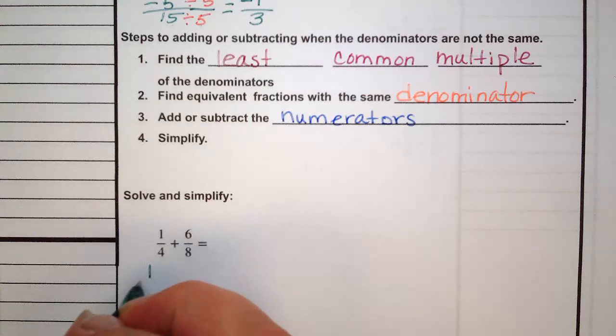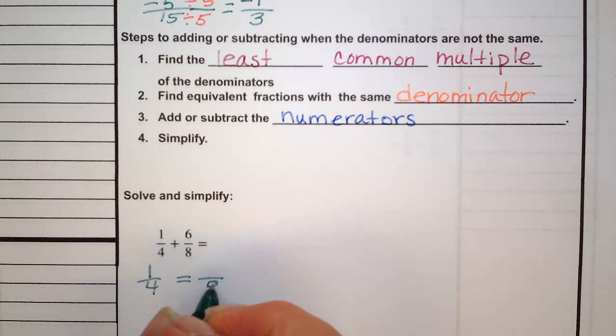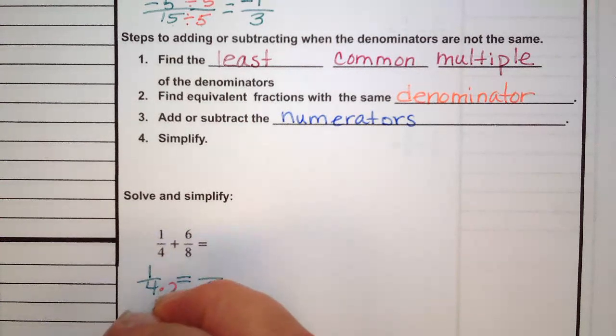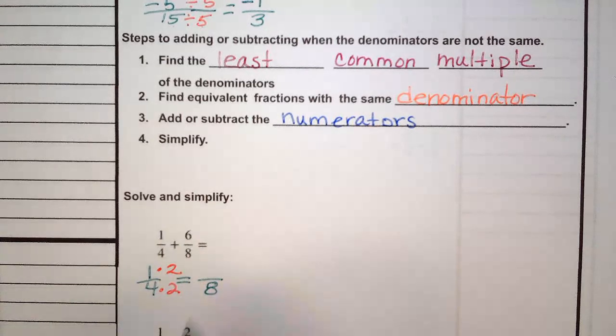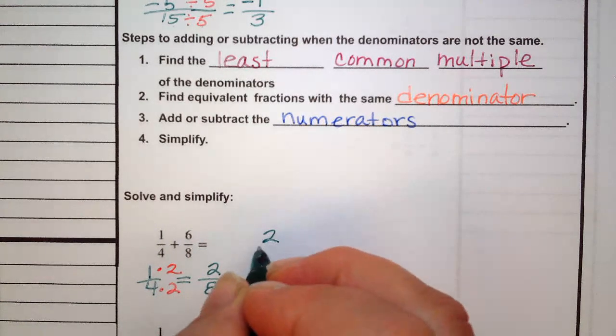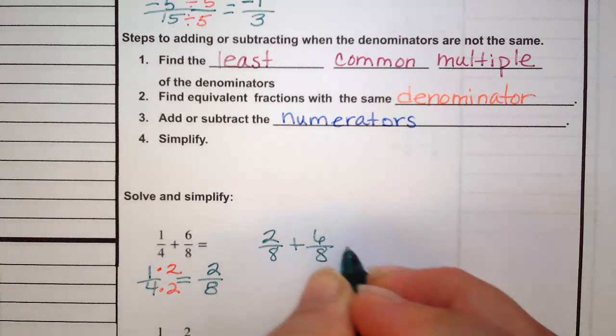So I know that 1 over 4 is going to be equal to something over 8. 4 times 2 is 8. 1 times 2 is 2. So this becomes 2 over 8 plus 6 over 8.